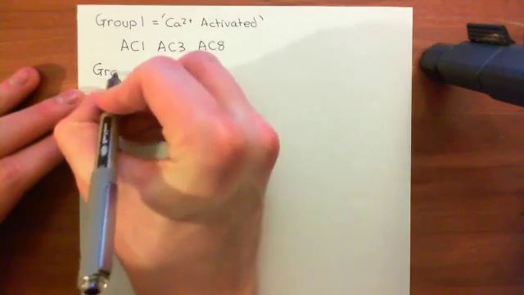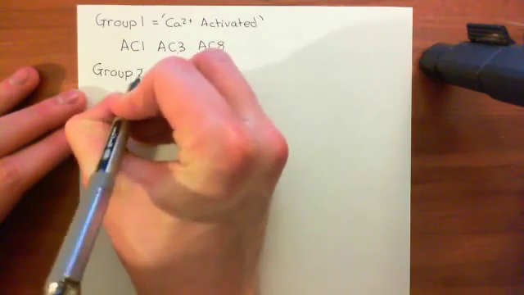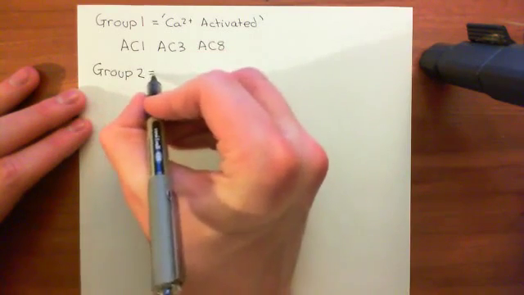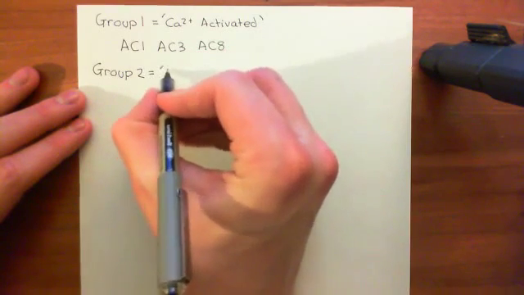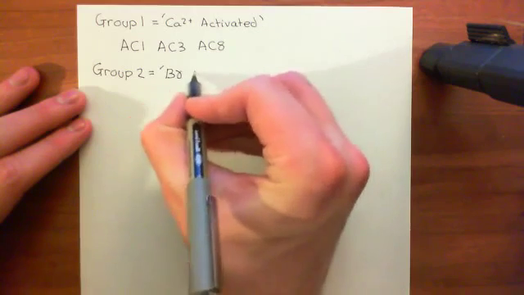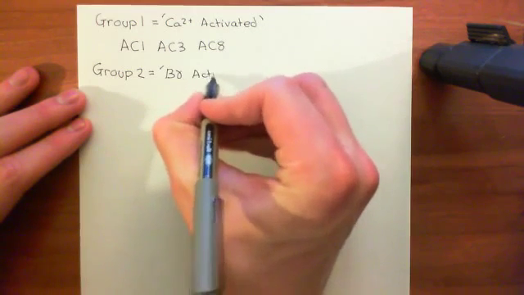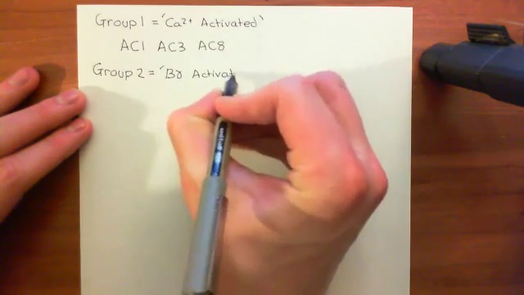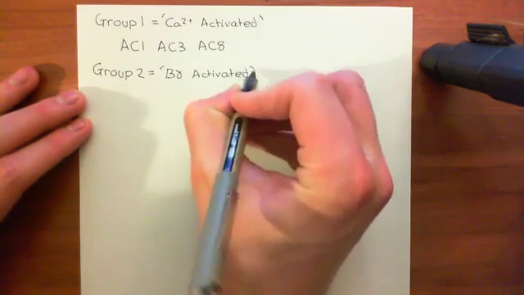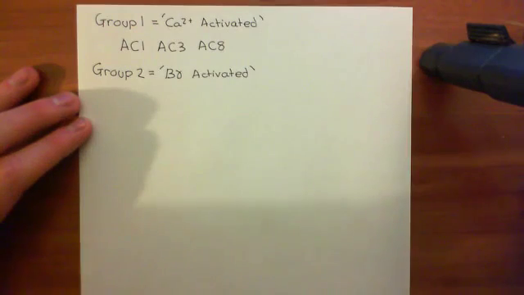The next group is group 2, which is another group of 3 adenylyl cyclases, and its colloquial name is beta-gamma activated. These can be activated by the beta-gamma subunit, but only if the adenylyl cyclase has already been activated by an alpha s subunit.